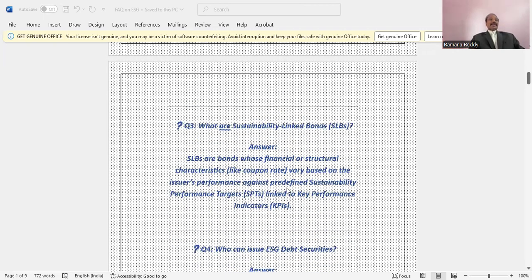These are all called SLBs, sustainability linked bonds.